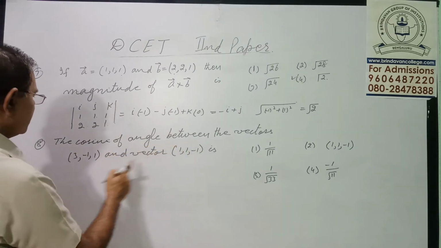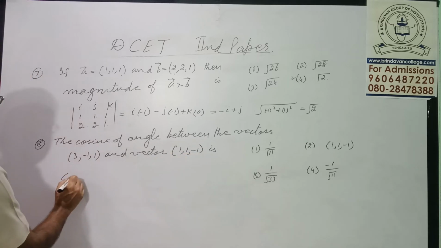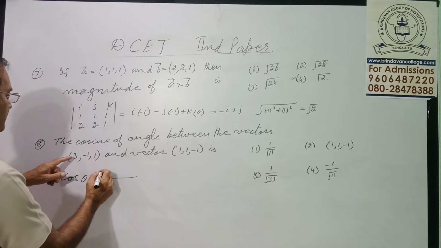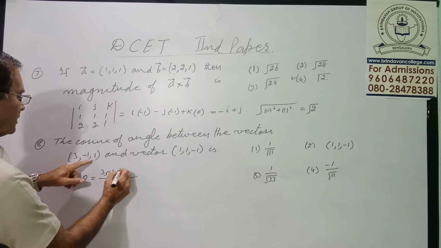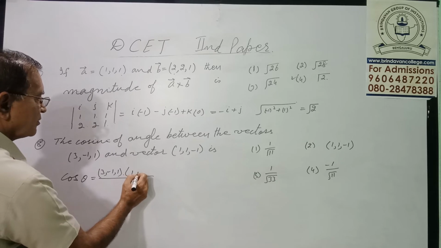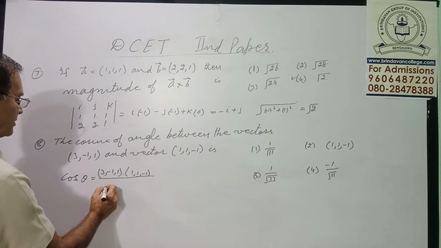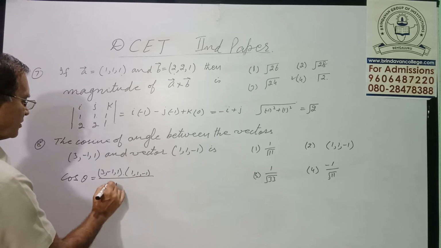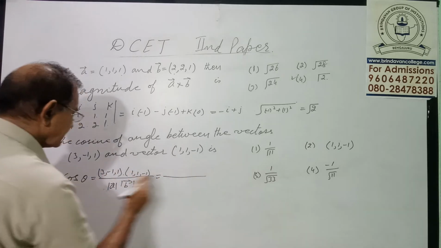The cosine of the angle between the vectors 3 minus 1 1 and 1 1 minus 1 is. Now the cosine of the angle is given by A dot B, that is 3 minus 1 1 dot 1 1 minus 1, over A mod B mod. Then simply multiply, or without writing even you can multiply.